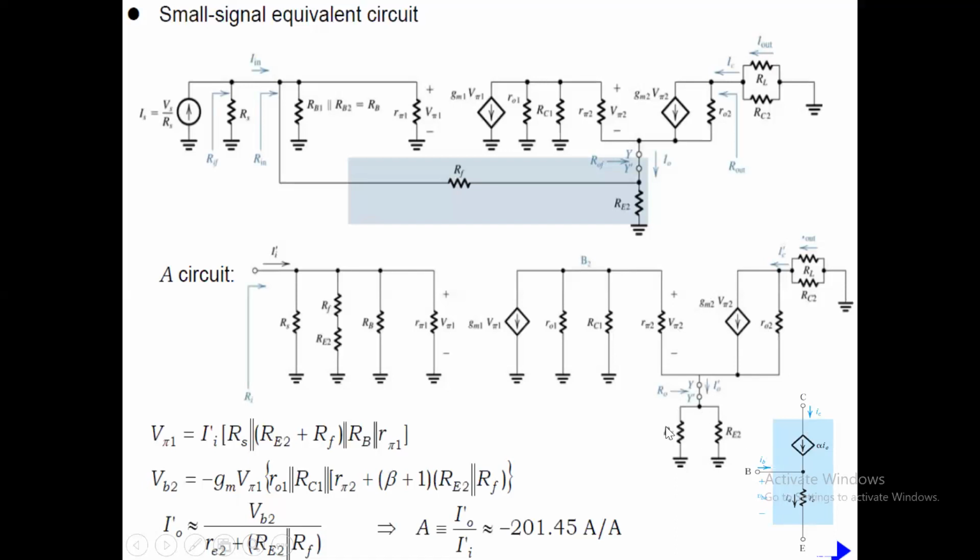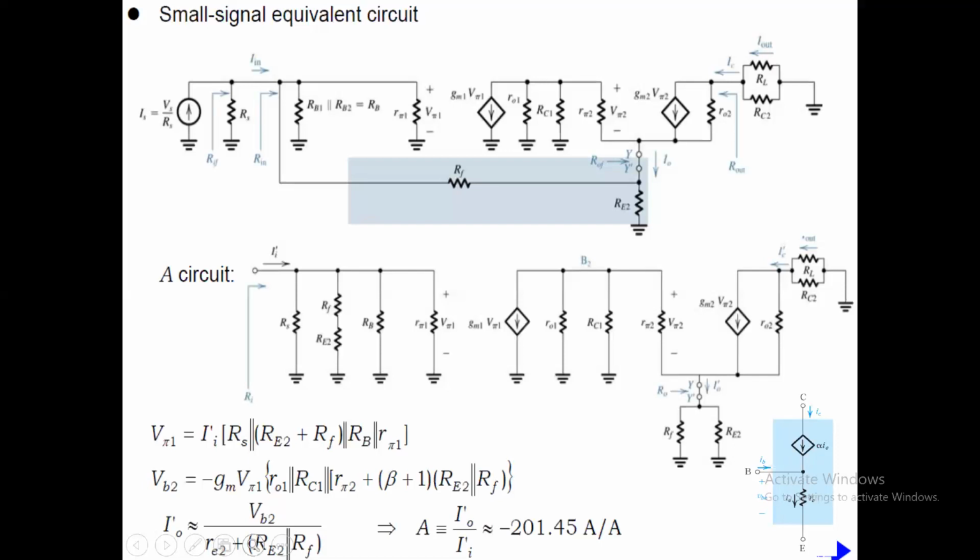These two multiplied by the value of I naught dash will be equal to VB2, or otherwise I naught dash will be equal to VB divided by the RE plus the parallel combination of these two. That is what is written over here. So then A is equal to I naught dash by II dash.